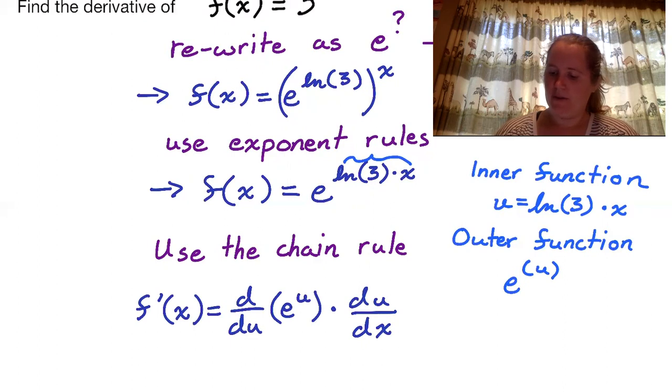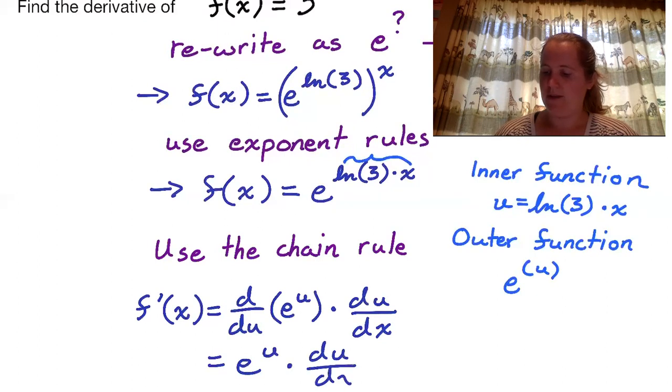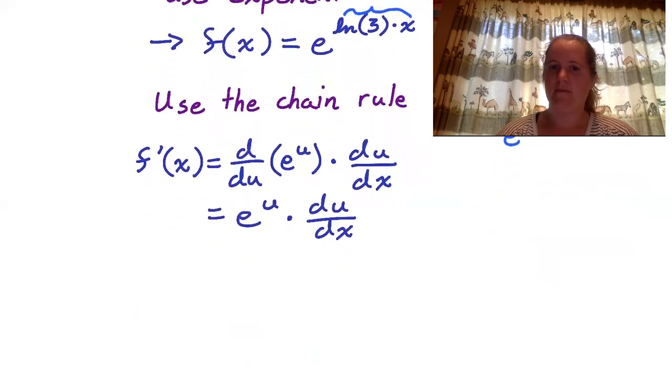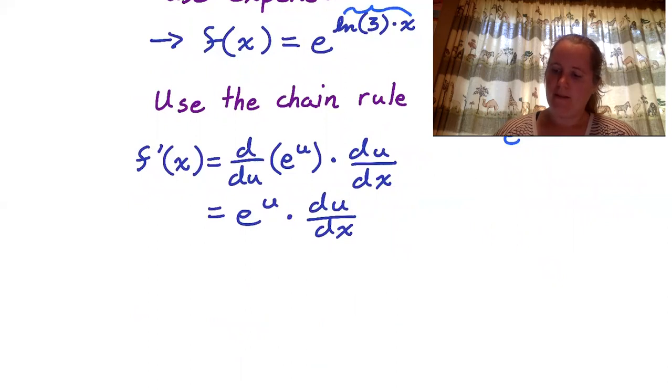And we know that the derivative of e to the u is just e to the u. And then we will also take the derivative of u with respect to x. Plugging back in, u was equal to the natural log of 3 times x.